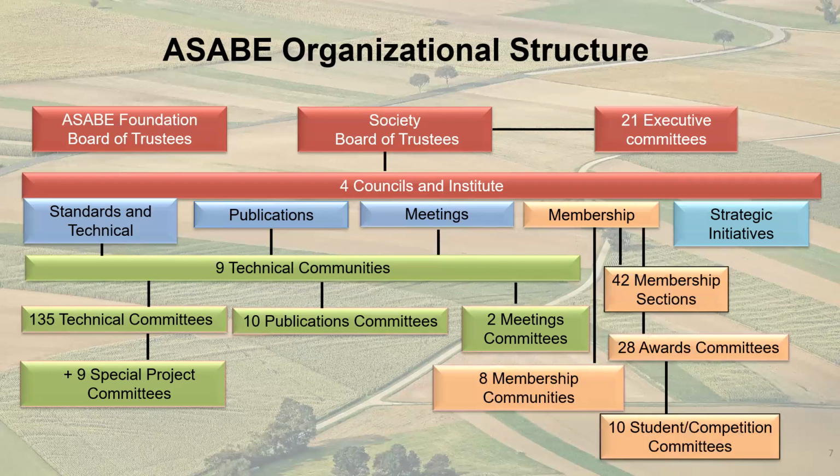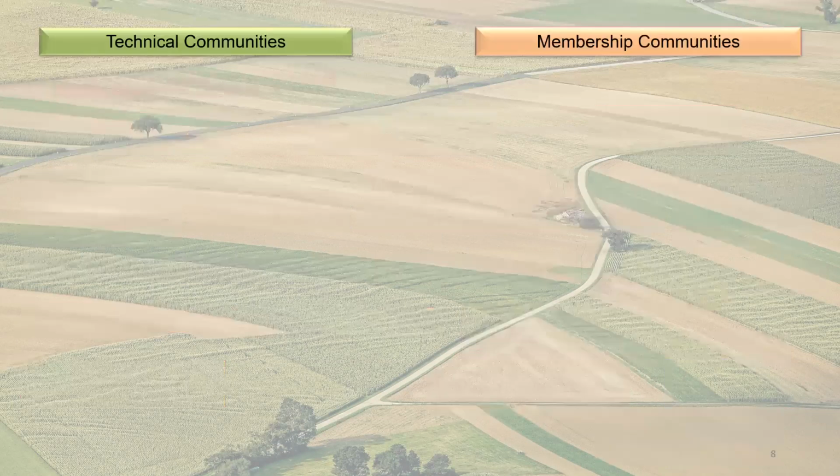Membership is divided into geographical sections and specific membership communities, and they focus on students and member achievements. The new Circular Bioeconomy Systems Institute looks to be under the Strategic Initiatives Council at the moment. This is what I've been told. So some of you may know more than I do on this, but again, this is still in progress.